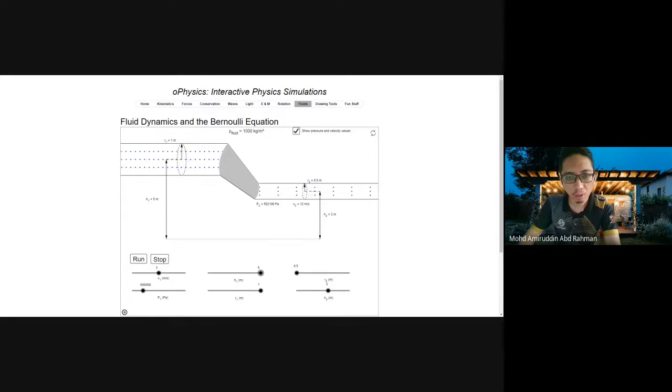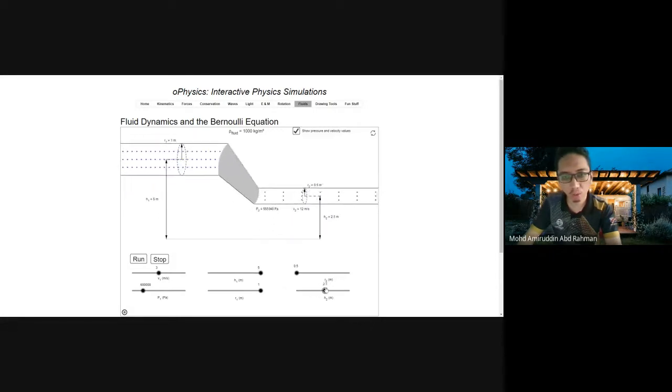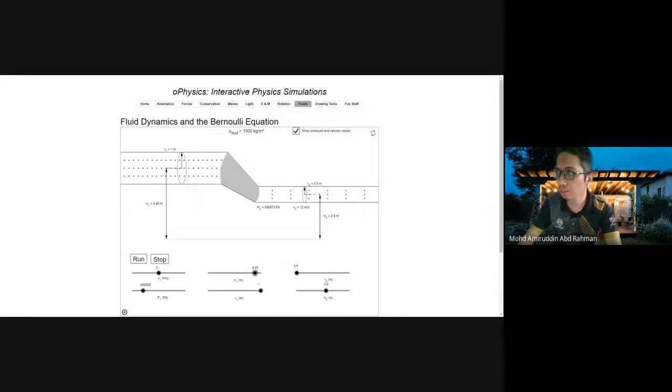Let me take note about that first on the lab manual. So that's for number 3, and then for number 4, you need to adjust both heights, H1 and also H2, to obtain a similar pressure as the right pipe in question number 1.